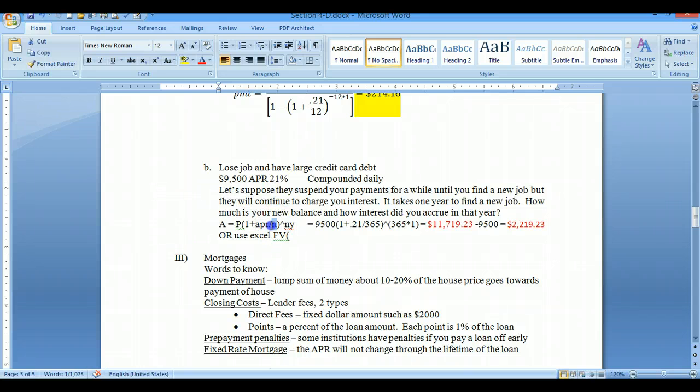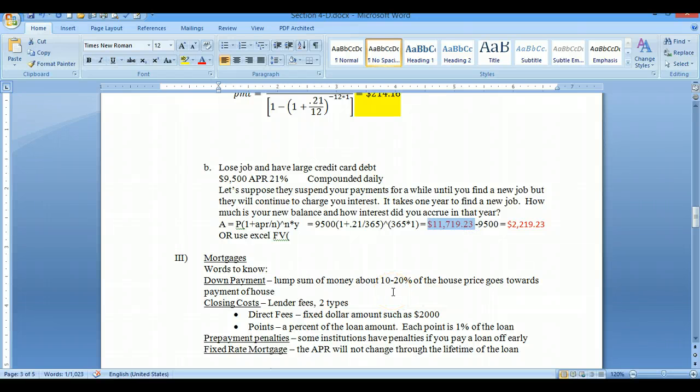N, in this case, we're compounding daily, 365 days in a year, raised to the N times Y, which is 365 times, it took us 1 year to find, so times 1. Copy and paste that into Excel, or use your calculator, will give you $11,719.23.